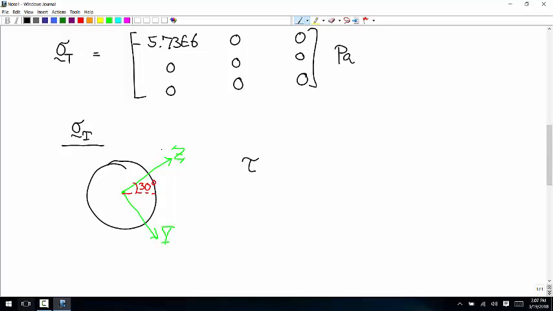Then our shear stress, capital X, Y, is equal to, we're doing this for a circular cross section, not a thin-walled tube. So this is equal to negative torque times rho, the distance from the center to the point that we care about, divided by the polar moment of inertia.